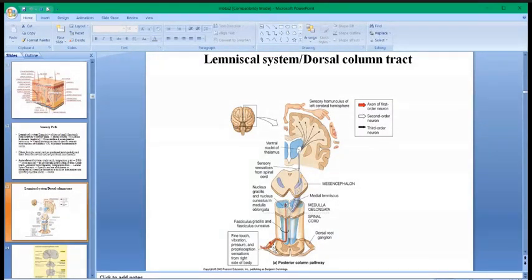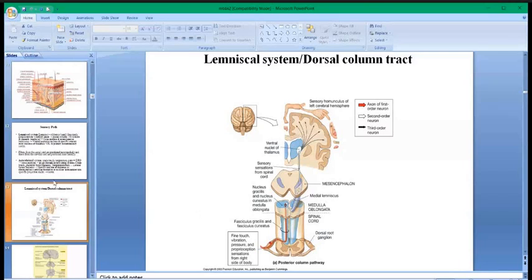If the sensation comes from the lower portion of the body, from the leg, foot portion, it will end in nucleus gracilis. Where is the foot? In gracilis. Nucleus gracilis is for whatever is of the foot. Now the upper portion of the body, hand, trunk, whatever sensations come from there, will enter and end here in the nucleus cuneatus. Am I clear? Nucleus cuneatus. Am I clear? Yes, sir.